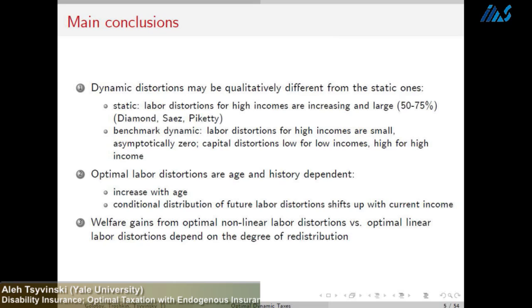You can play with this, but for reasonable estimates, even if you stick to the static, or your favorite dynamic elasticity, you would still want to have a high tax on the high income people. And you want to have zero income tax in the dynamic setting.